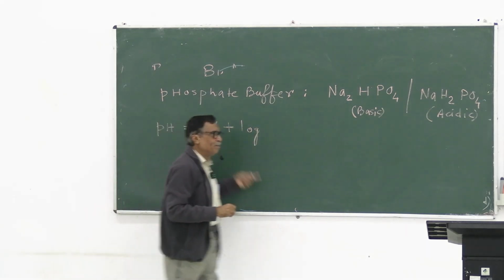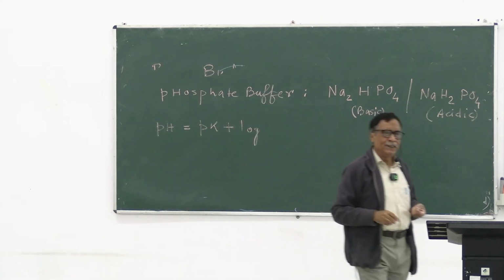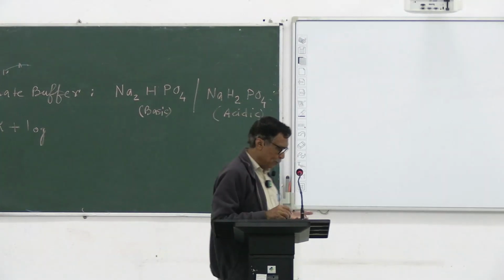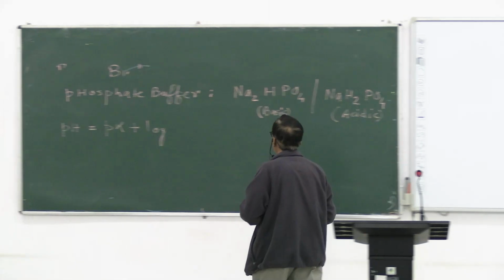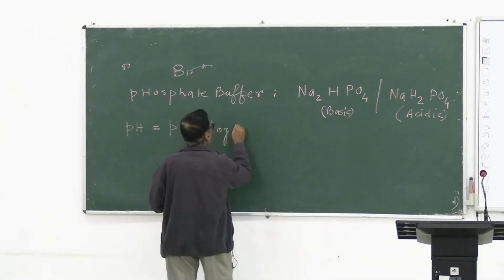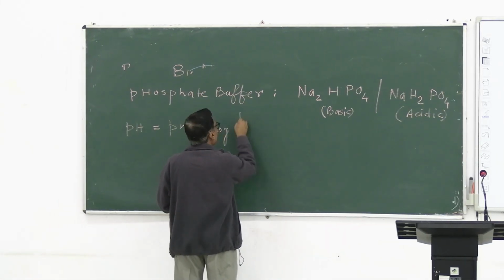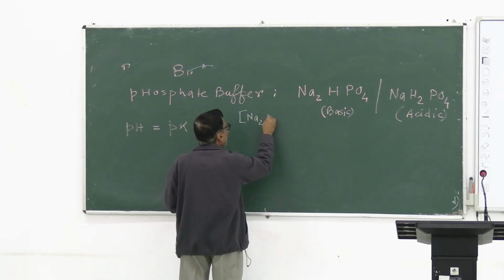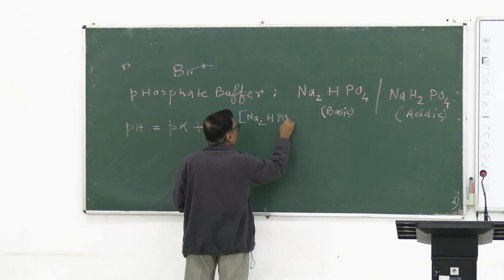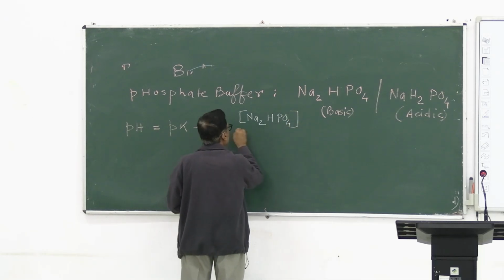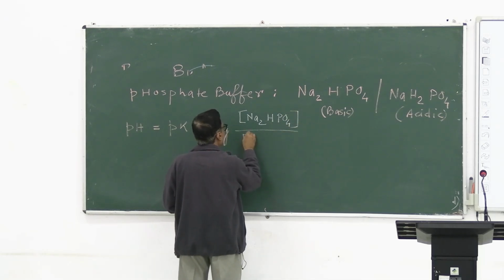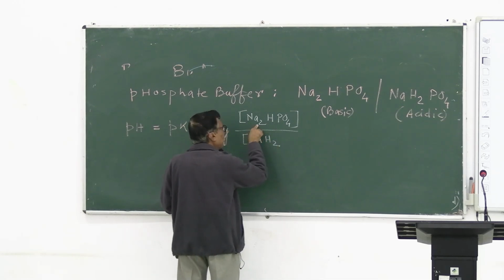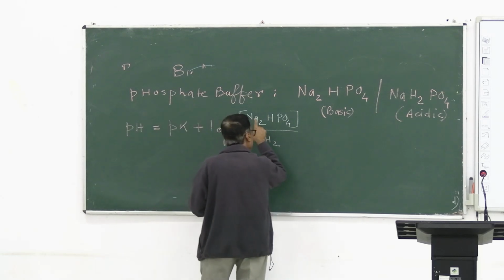In the first class, I derived this Henderson-Hasselbalch equation, you know, and pH will be the salt component or base component, that is Na2HPO4, over the acid component, that is NaH2PO4. When H is more, it is acidic. When Na is more in number than H, it is basic.